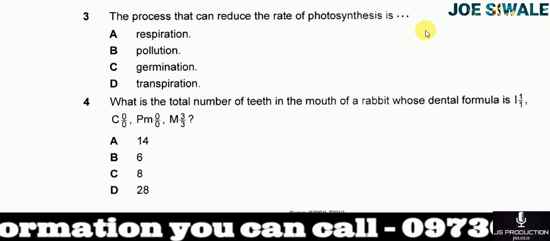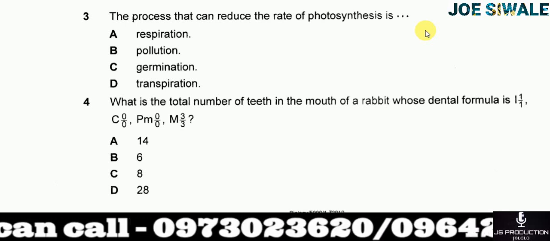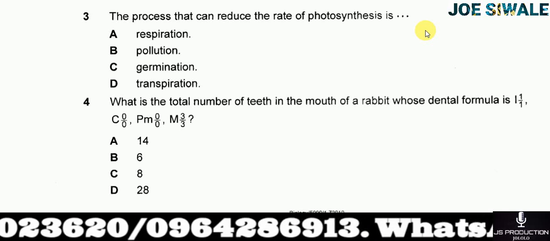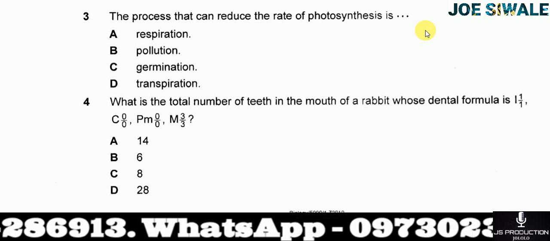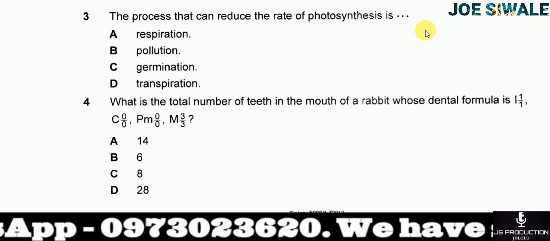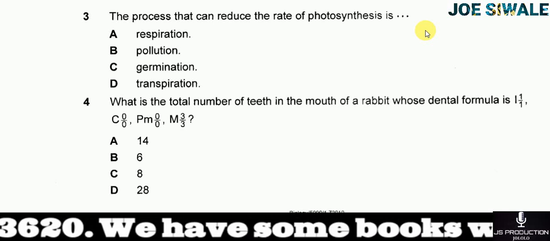And during the process of respiration, carbon dioxide is produced. And since carbon dioxide is one of the products that is required in the process of photosynthesis, this means that respiration can increase the rate of photosynthesis. So I'm going to cancel out respiration.